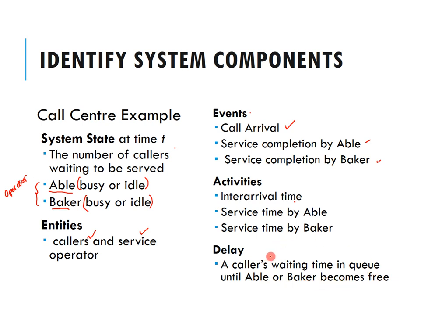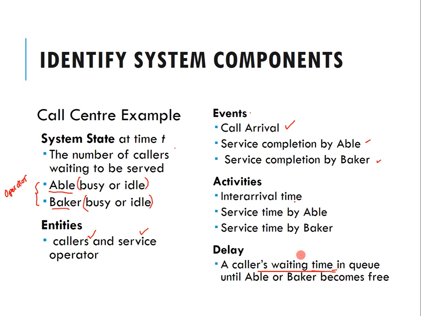So as we receive new calls and calls exit the system, there will be callers who have to wait in the queue. That will be the call delay. So delay is related to time also, waiting time.